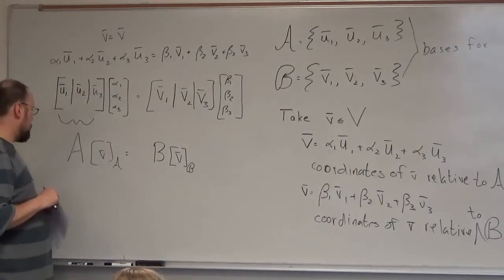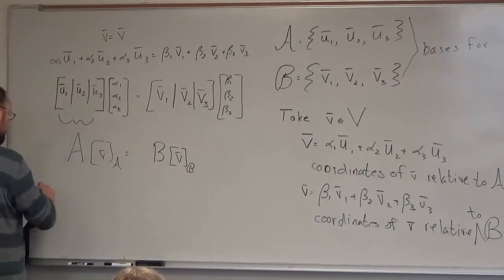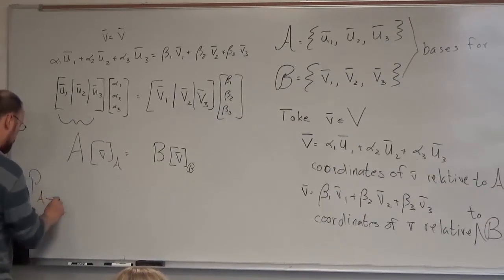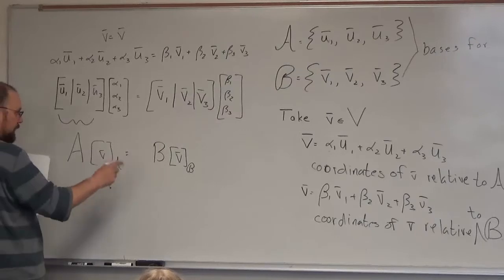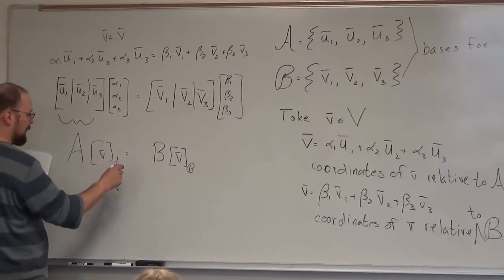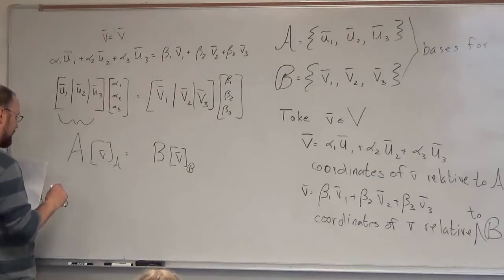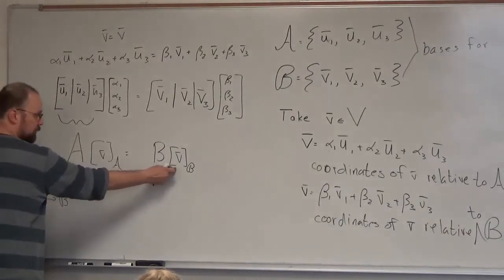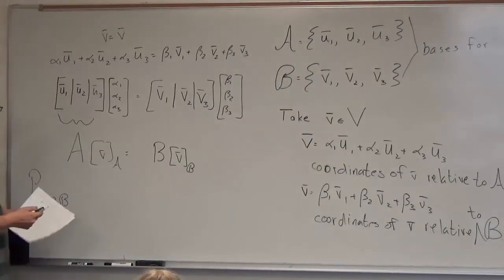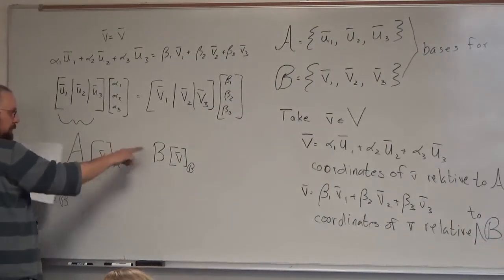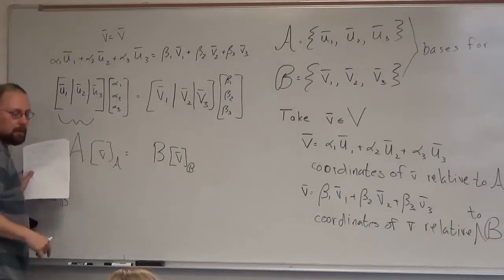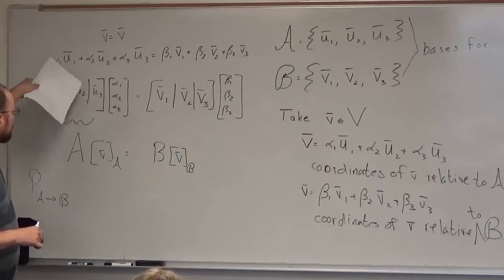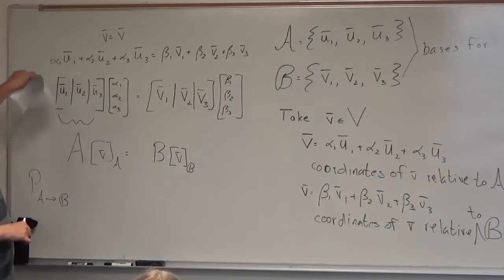So now if I want a transition matrix from A to B, what kind of algebra can I do to get that? Remember that this transition matrix multiplies coordinate vectors with respect to basis A and will return the coordinate vector with respect to basis B. Well, I just multiply both sides by the inverse of B. And these columns being vectors in a basis will have a determinant that's non-zero.